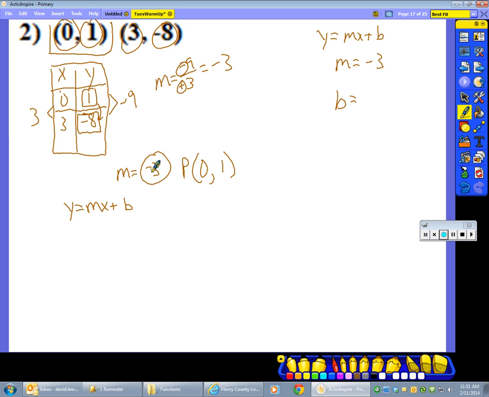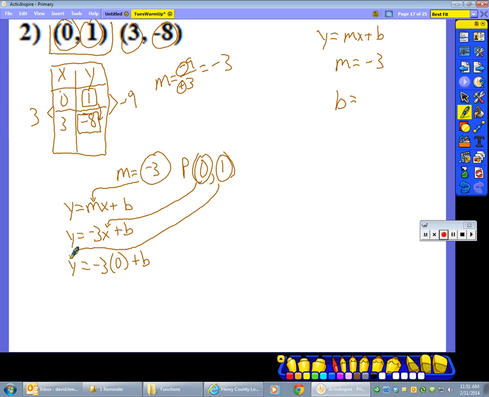I'm going to put negative 3 in for m, so now y equals negative 3x plus b. I'm going to put 0 in for my x value, so we have y equals negative 3 times 0 plus b. And then I'm going to put 1 in for my y value, so we have 1 equals negative 3 times 0 plus b.